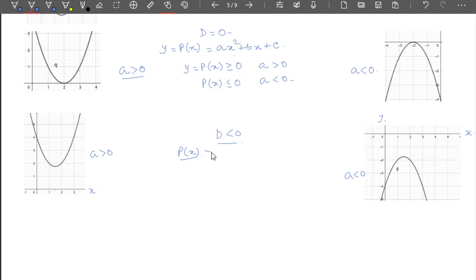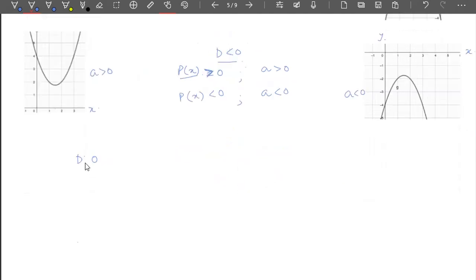So p(x) will be entirely positive or p(x) will be entirely negative when a greater than 0, when a less than 0. Apply the sign scheme.